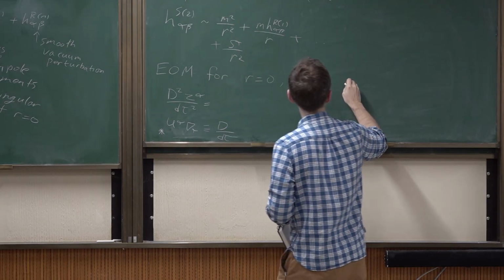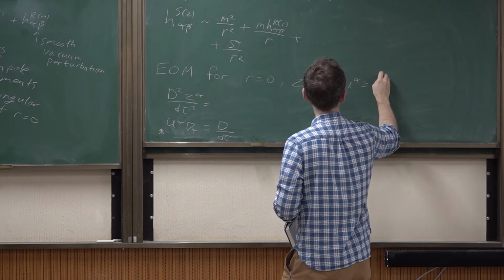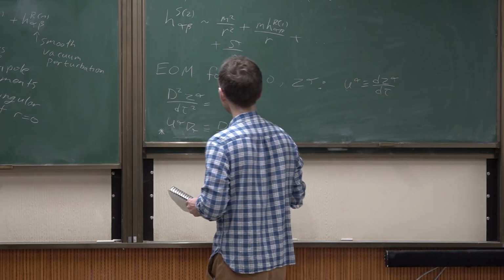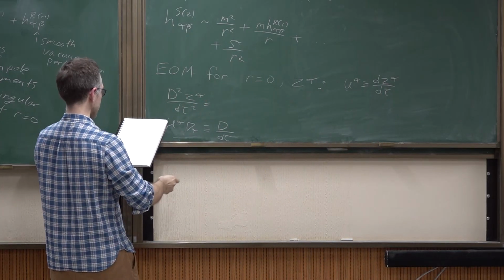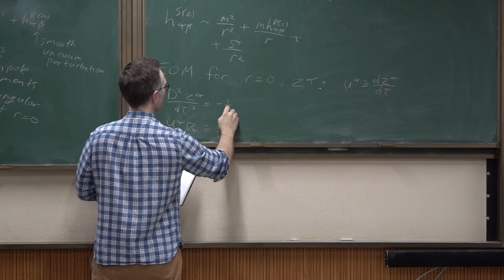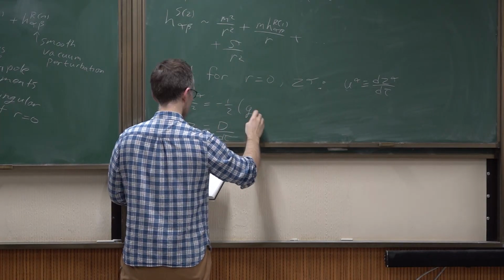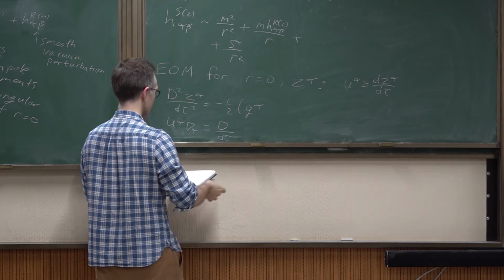So let me just define that. U alpha here is dz alpha d tau. And the equation of motion looks like this, minus a half. So I write it down through second order, which is the highest order that it's known.